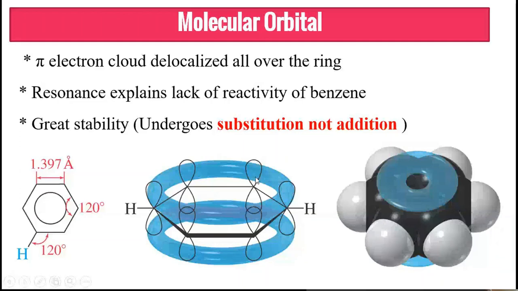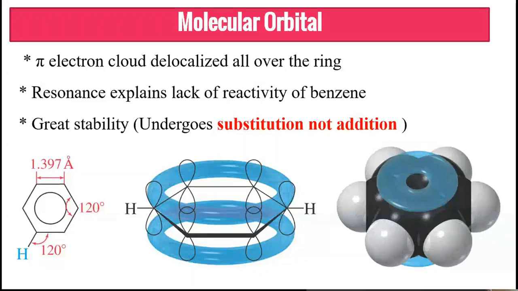So look at the structure carefully. This is your benzene ring, with 6 carbons forming the entire ring. Now think about the angle between these ring carbons. The carbon-carbon bonds are double bonds. Since all of them are double bonds, you would expect that the angle between the ring carbons would be 120.